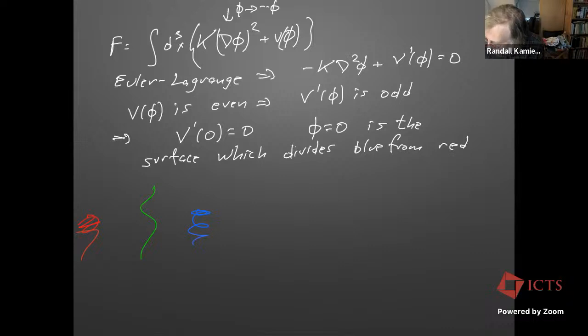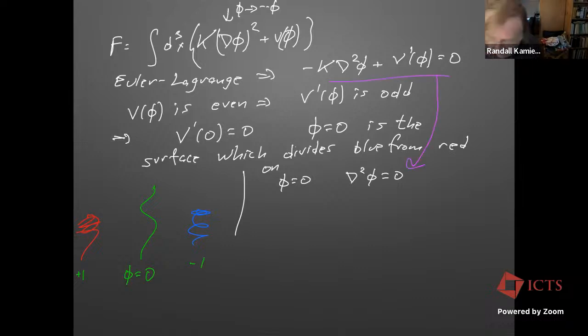And in between is the place where phi is exactly 0, because here phi is +1 and here phi is -1. And phi equals 0 is the surface that divides blue from red. And if that's true, it means that on the surface, phi equals 0, del squared phi is 0 because of this.